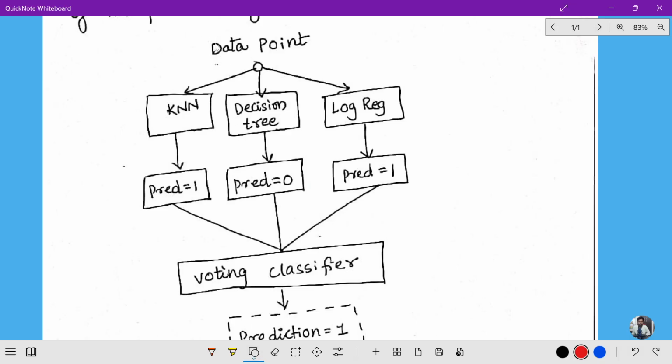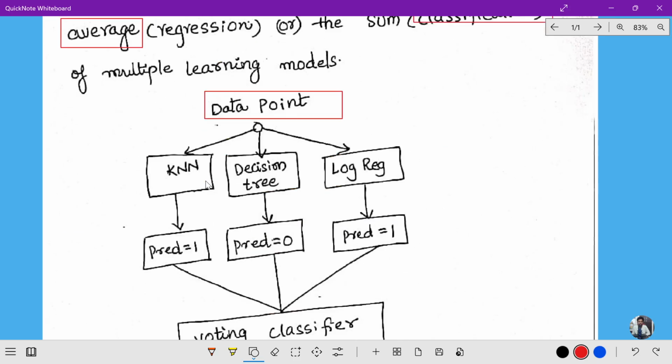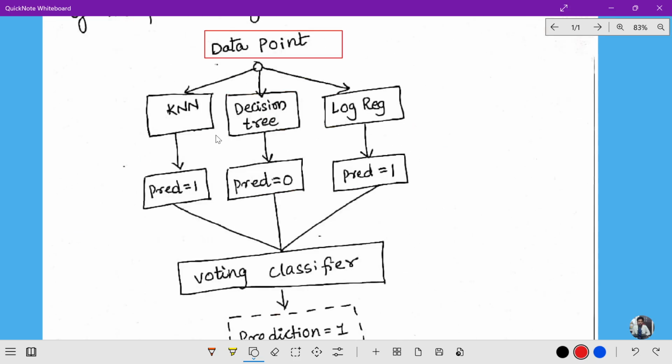What happens in the technique called voting? We use different models. Let us say in the first case I used KNN, K nearest neighbor.